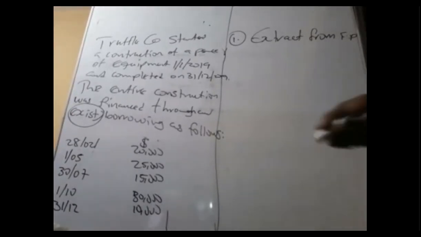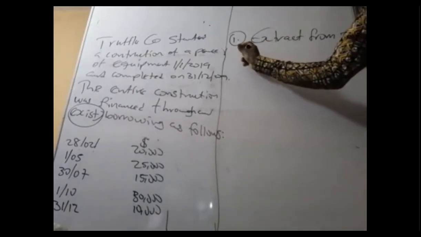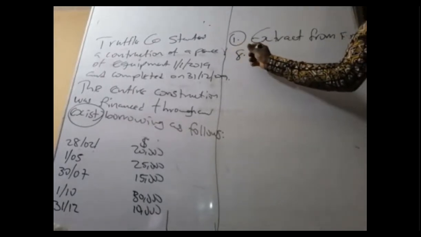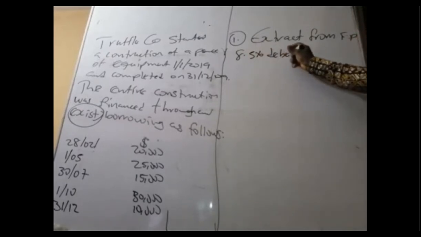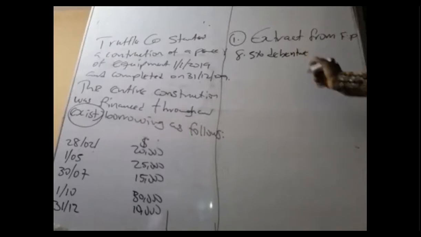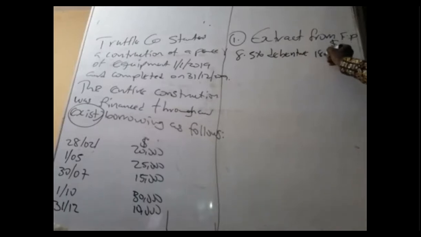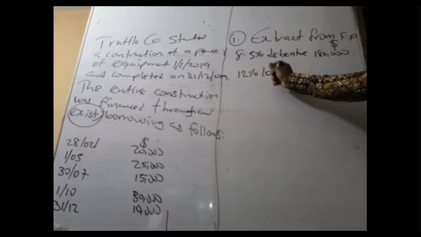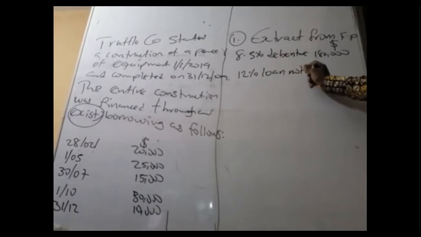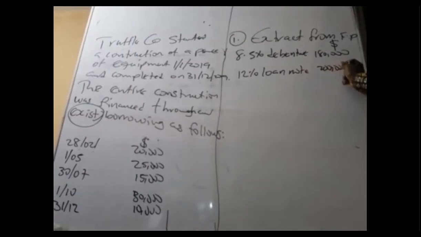Okay. So let's say 8.5% debenture with a value of, let's say it's in dollars, $180,000. Then 12% loan note, which is $200.